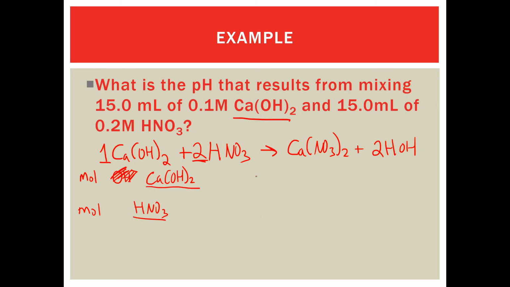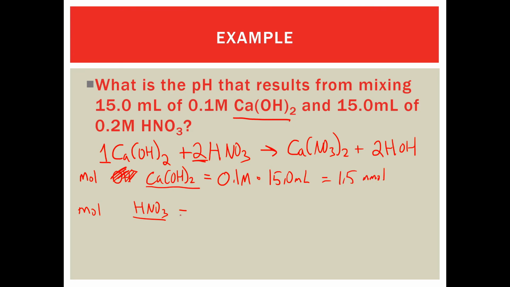So to calculate this, we will take our concentration of calcium hydroxide, which is 0.1 molar. We'll multiply this by the volume, 15.0 milliliters, to get an answer of 1.5 millimoles.